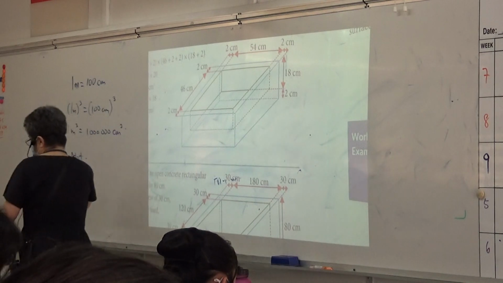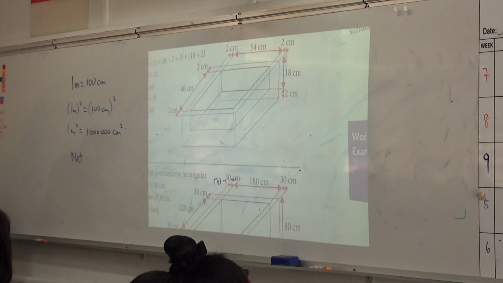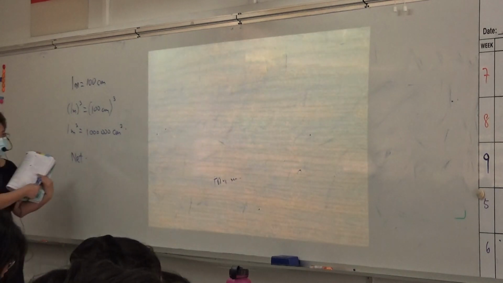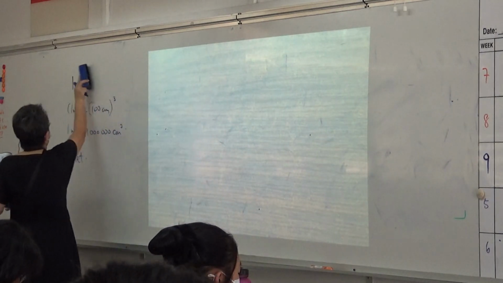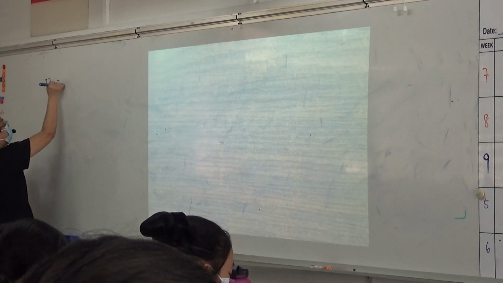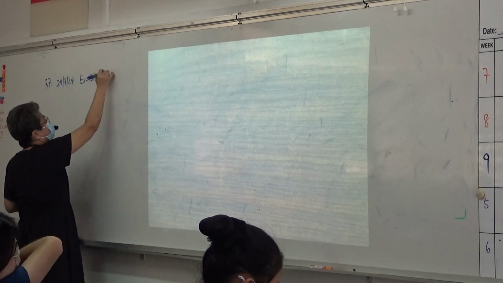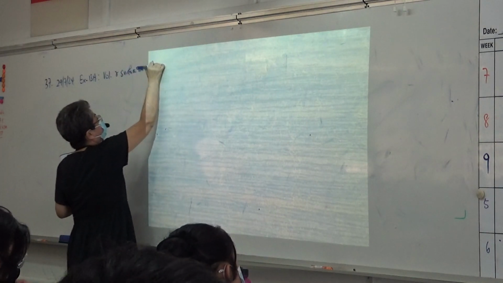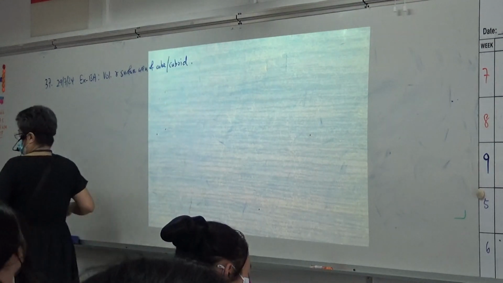Alright, good. What is the number on the content page now? 37. Okay. Can we write down 37? Can you write this down?